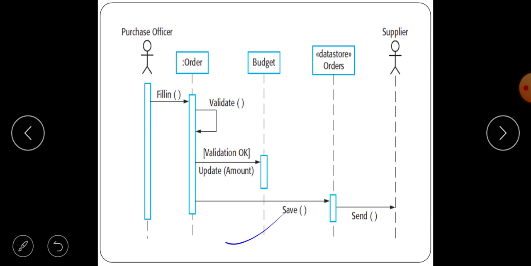This is an example of an activity model. Here you can see the purchase officer fills in, meaning it is going to give the order. Then they are going to check whether it is valid or not.